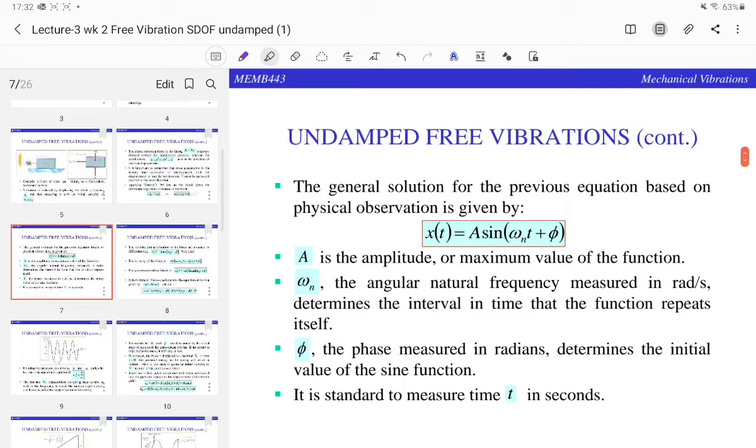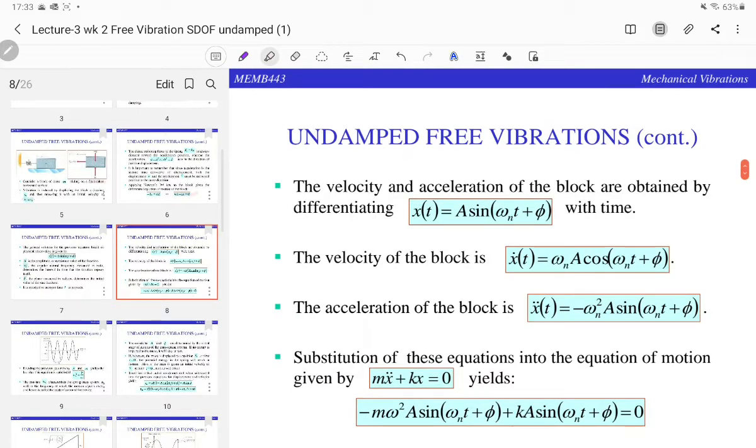Let us take a look at the general solution for the previous equation. x(t) equals A sine of omega n t plus phi. We have defined this in a previous lecture. From the assumed solution x(t), you can derive your velocity and your acceleration.